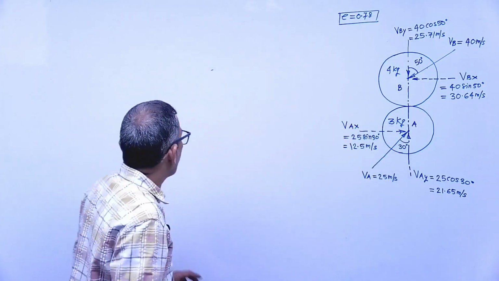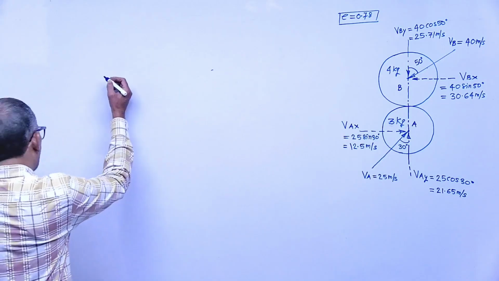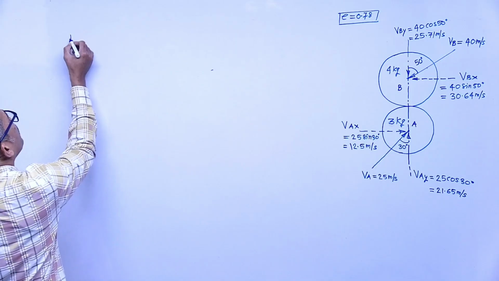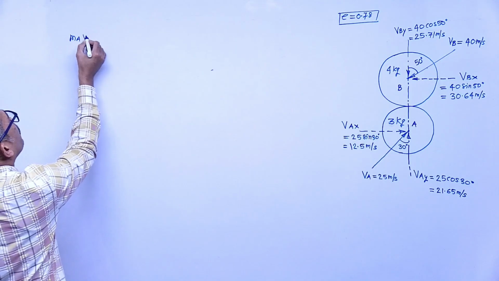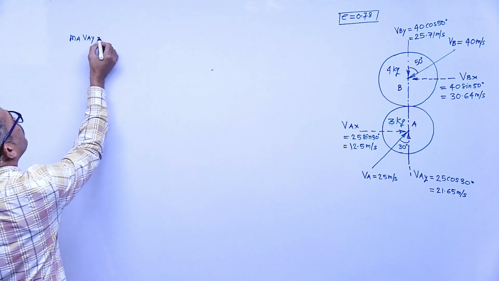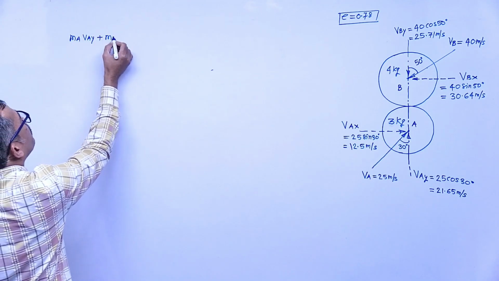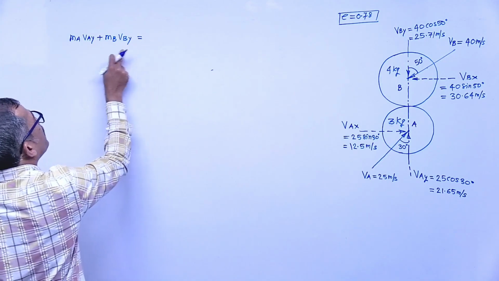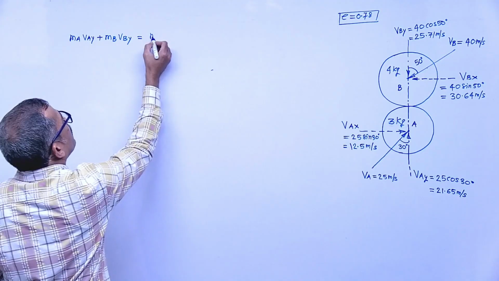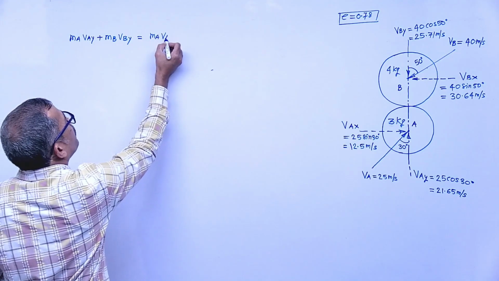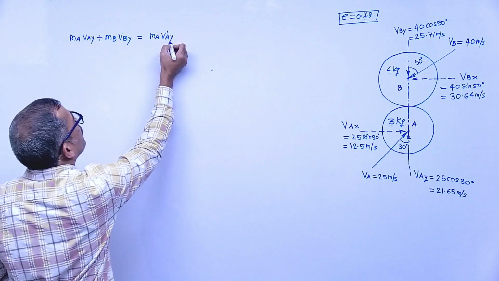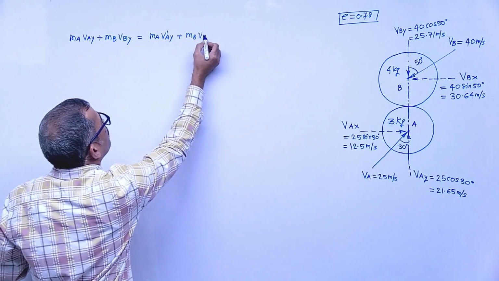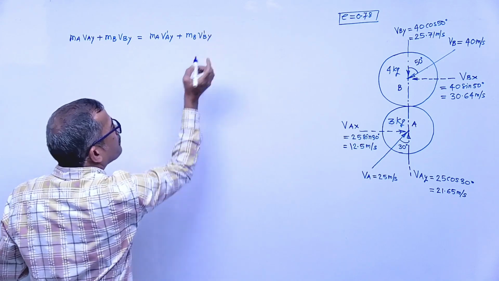So the first equation, the law of conservation of momentum: mA vAy plus mB vBy equals the initial momentum, and the final is mA vA dash y plus mB vB dash y. Clear?